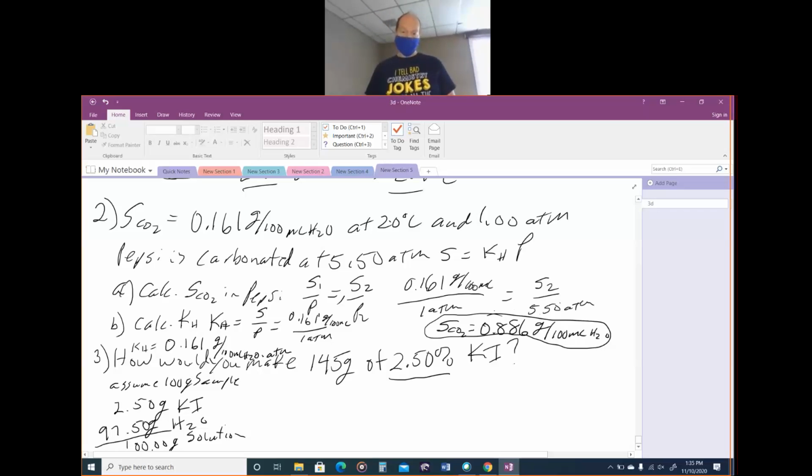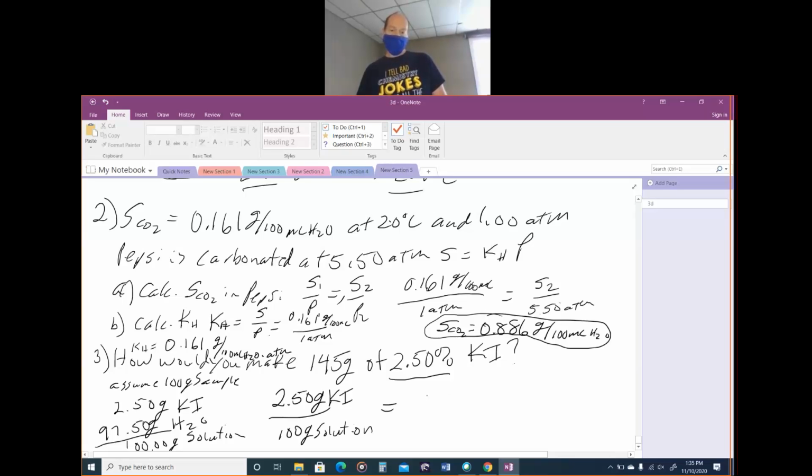It was more specific. It wants 145 grams of this solution. The way I do it is I like to set up a ratio. Lots of different ways you can do it. I know that I needed 2.50 grams of KI to make 100 grams of this solution.